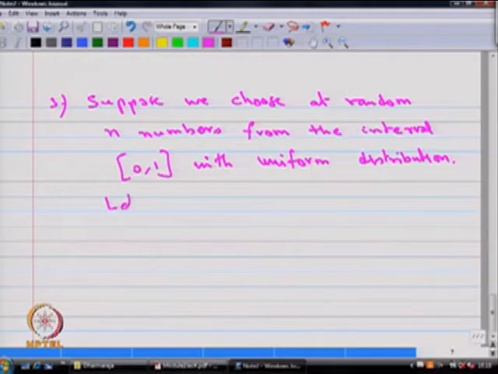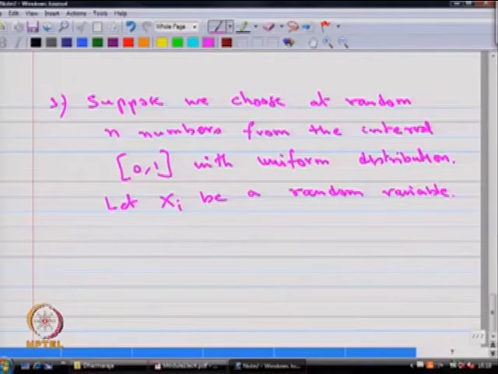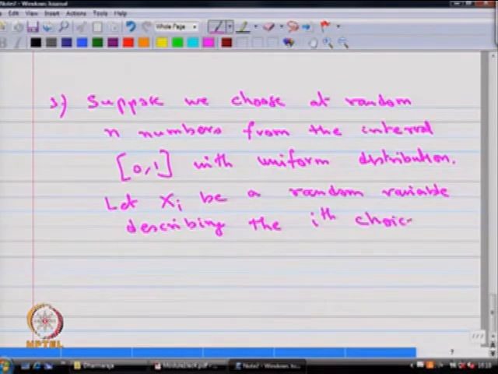Let capital X_i be a random variable describing the ith choice.